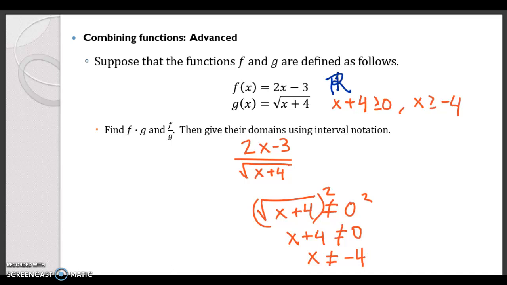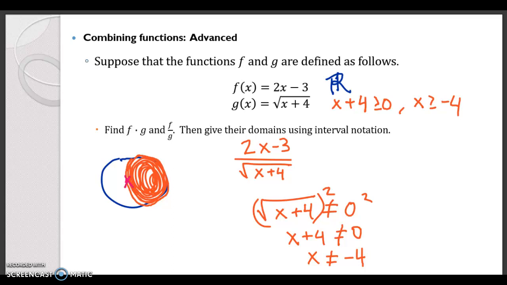Well, f is the entire real numbers, okay? g is everything bigger than or equal to negative 4, right? And then, what does this restriction do? All this restriction says is, well, it can't be negative 4.